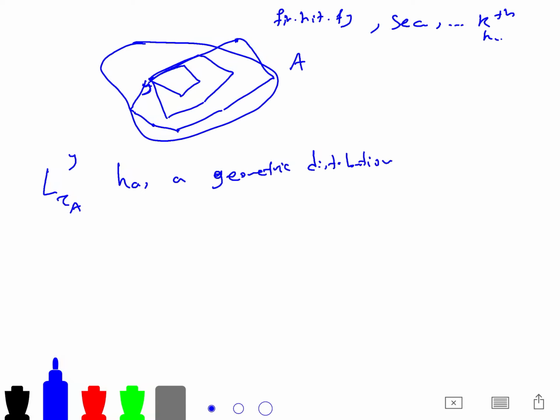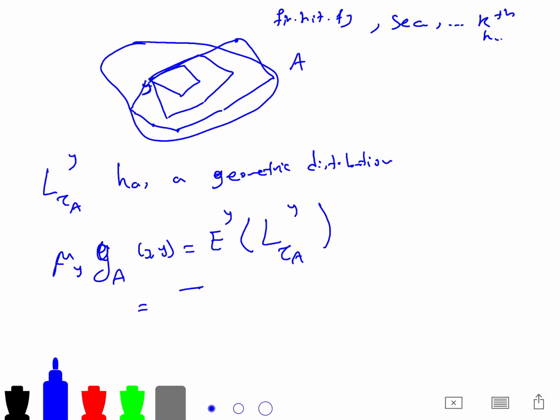So summing the series in k, we can write mu(y) G_A(y,y) as the expectation of L_{tau_A}(y), which is the sum for k from 1 to infinity of k p^{k-1}(1-p). Think of it as failing up until the (k-1)-th trial and then winning the game.